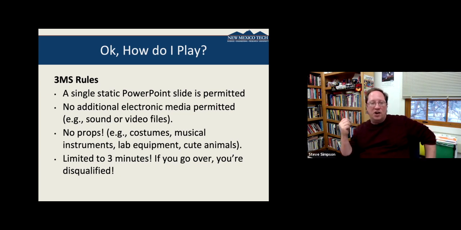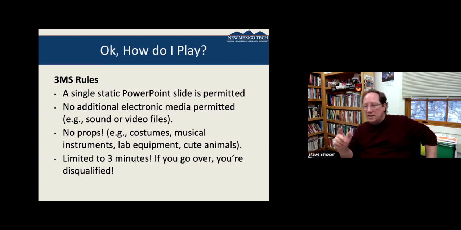So we actually are an entry point, at least for grad students, to the larger international competition. But because we're preparing you for that, we actually follow the same rules that everyone does for this competition. So this isn't New Mexico Tech rules, these are the international rules.